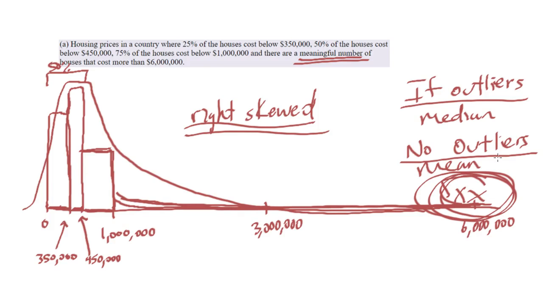And similarly, you'll determine IQR versus standard deviation. If there are any outliers, then you'll use IQR. And if there are no outliers, then you will use standard deviation.